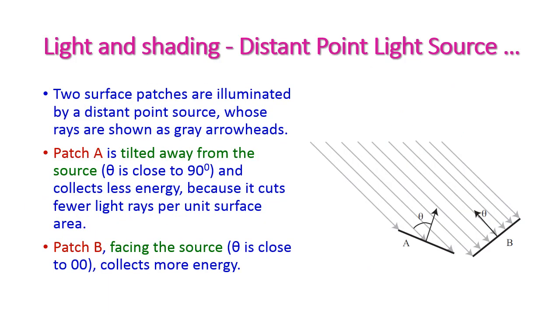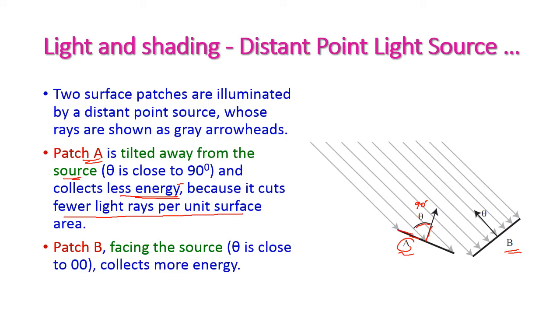In this diagram we can see two patches, A and B. Patch A is tilted away from the light source, the angle is almost 90 degrees, and it collects less light energy because it cuts fewer light rays per unit surface area.